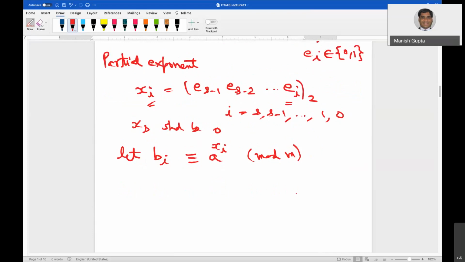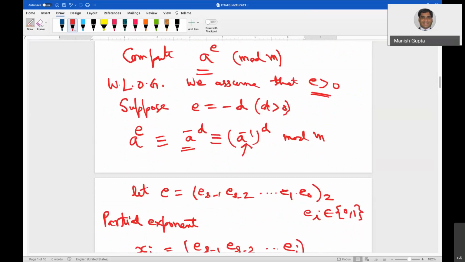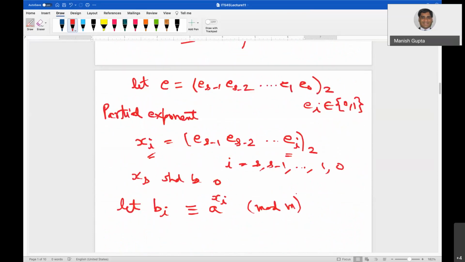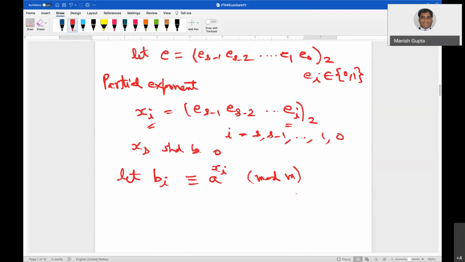So basically we wanted to compute a raised to E, so E is the full exponent. I have written the binary expansion. Now I am writing partial exponent xi to be like this, and then we look at a raised to xi and call it bi. Initially, bs is congruent to 1.